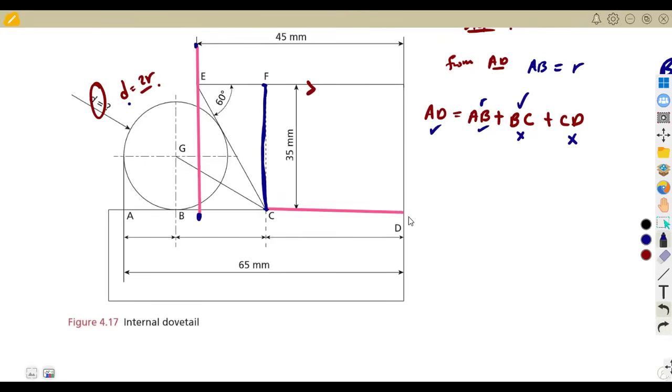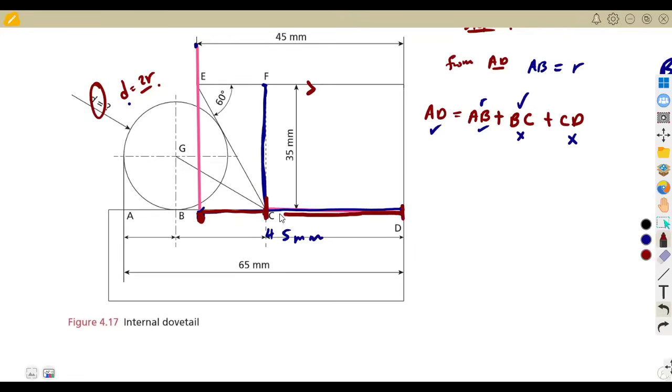It starts here and ends up here. So the whole of this line consists of the 45 millimeters. What we need is to remove this part from this point up to this point. If we remove this, we are left with the C up to D.